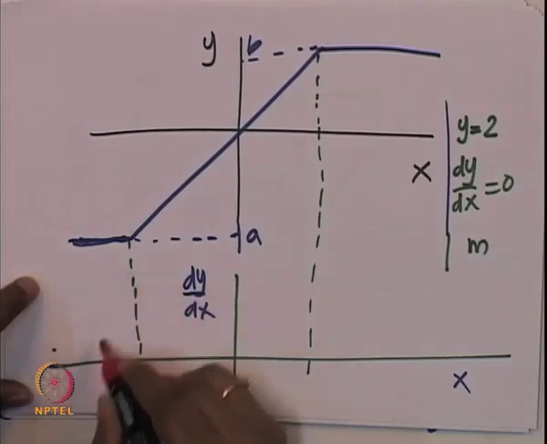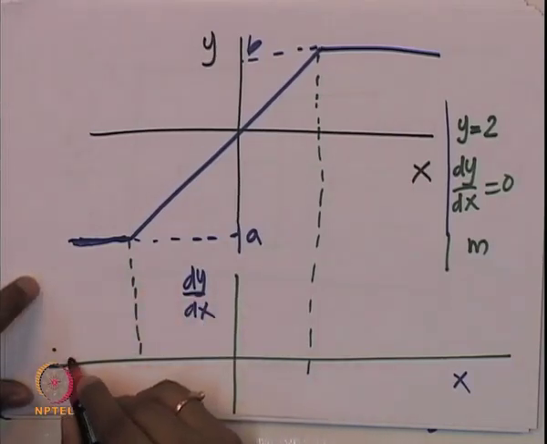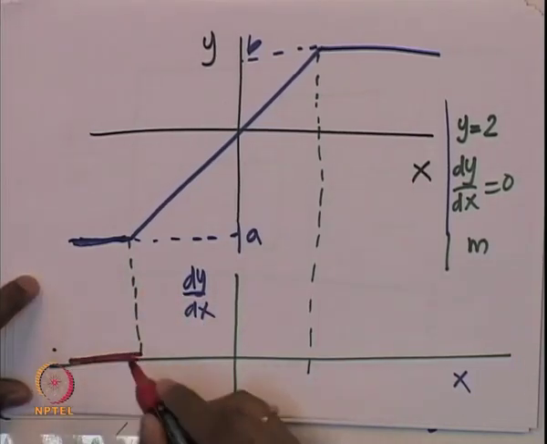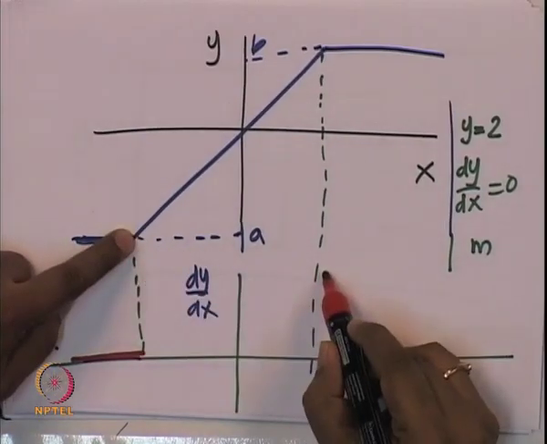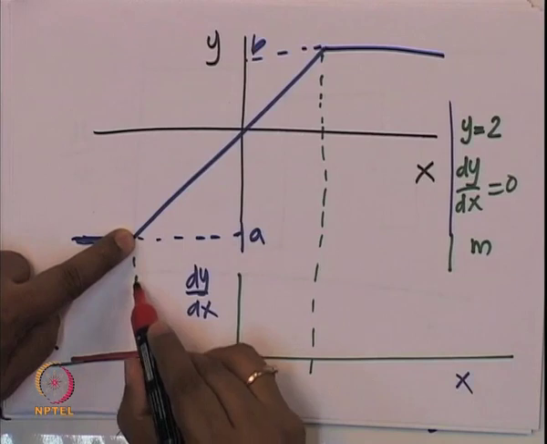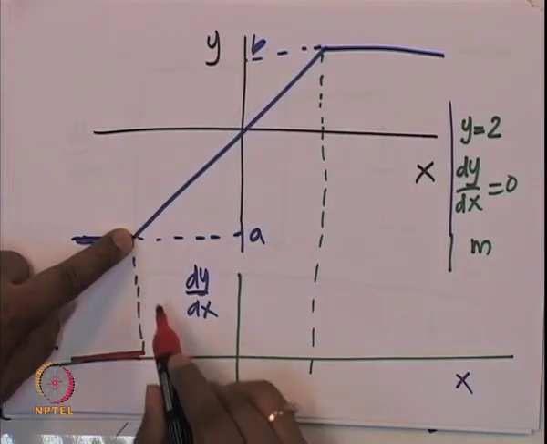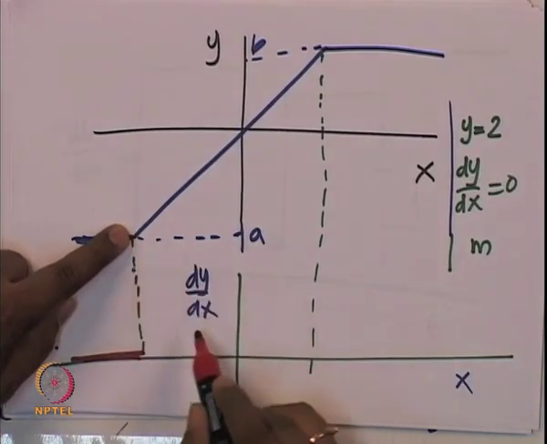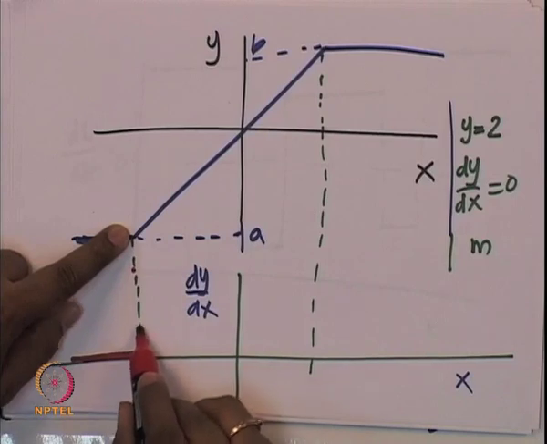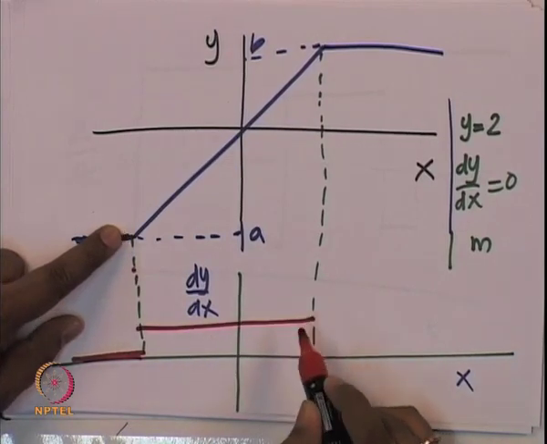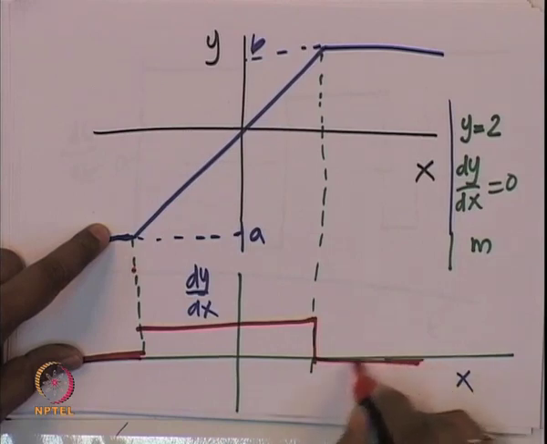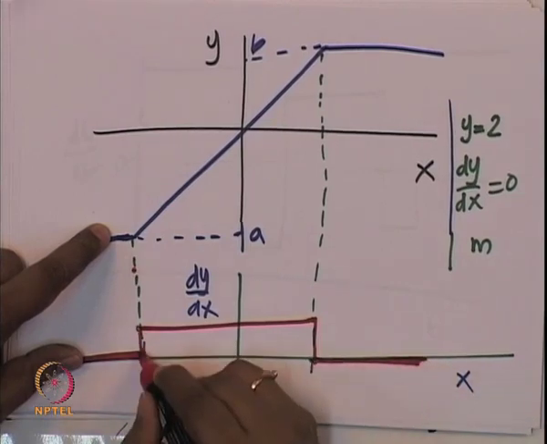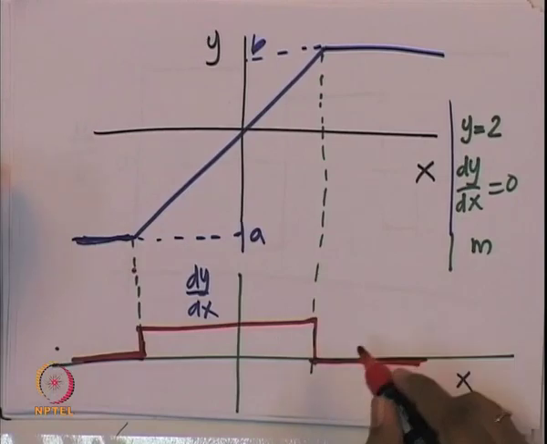Here the derivative is 0, so let's draw 0 here, and from here to here the derivative is a constant, so let me draw a constant line here, and again it's 0. So this looks like a box function.